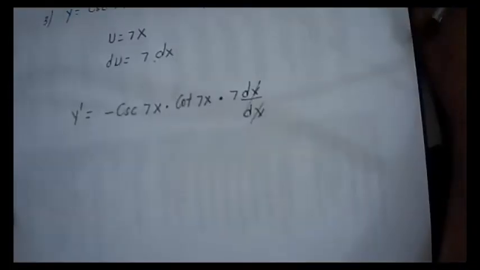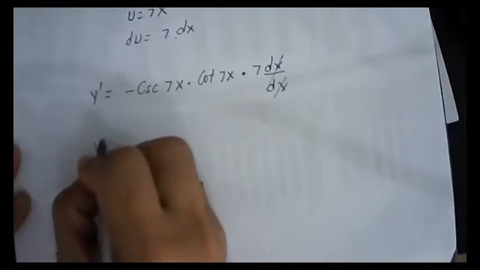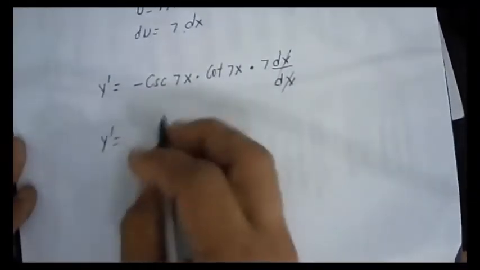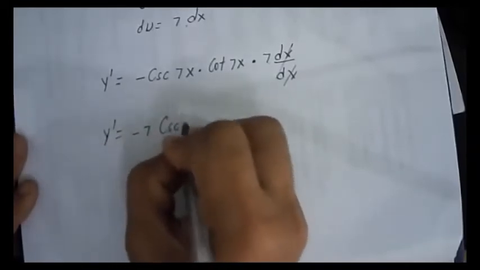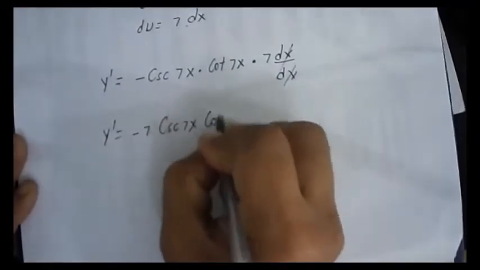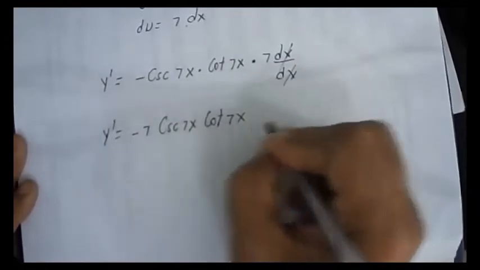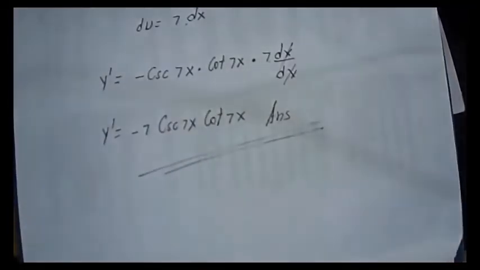So, this one we're going to cancel. Okay. So, y prime will be, ito ilalagay natin sa harap, magiging negative 7 cosecant 7x cotangent 7x. This will be our answer.